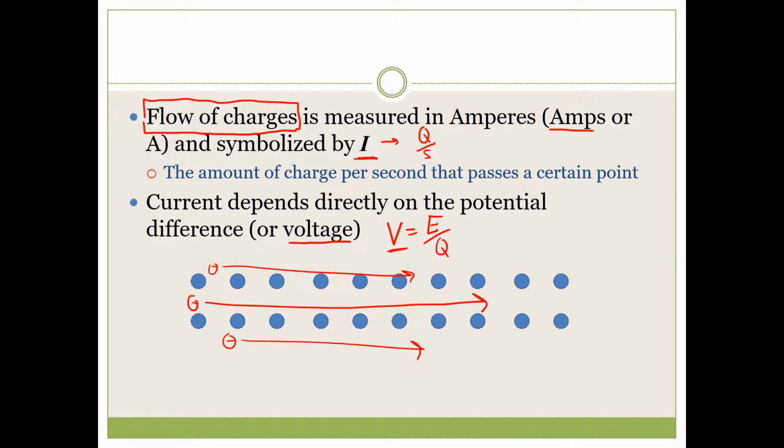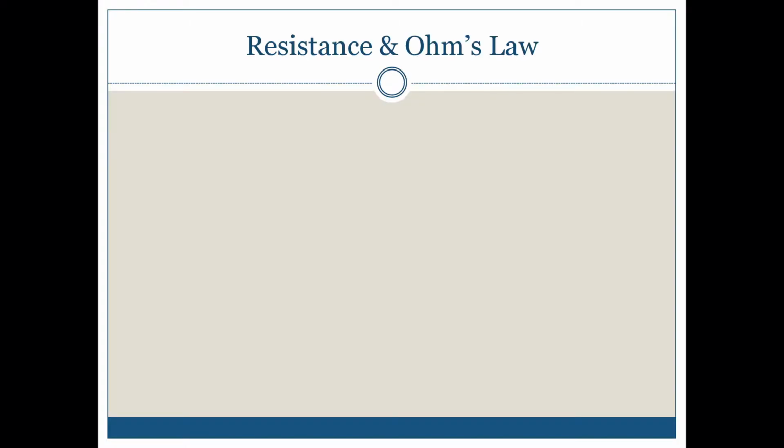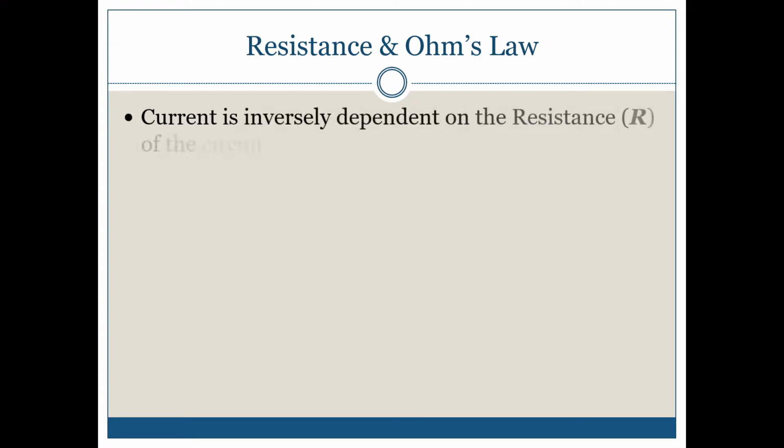more flow of current. All right, now in addition to flowing electricity, there is something that can prevent the flow of electricity, and that's what's called resistance. So resistance is a property of matter that prevents the flow of current.